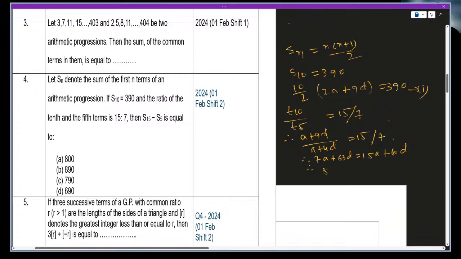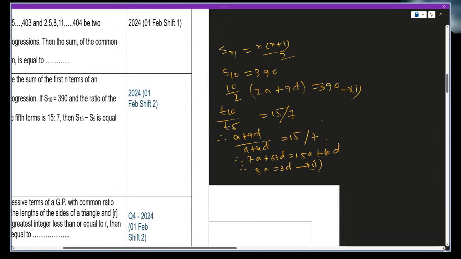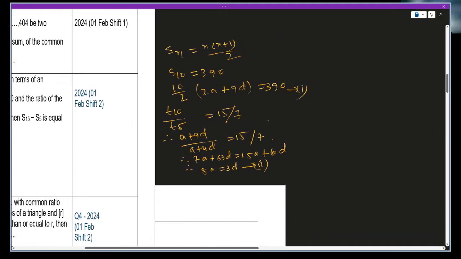So this will be what? This is number 2. Everything done. A equal to 3d, you substitute there, isn't it? Then you can find a or d, whatever required. Then find S15 and S5, their difference.